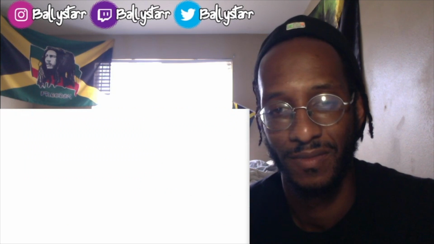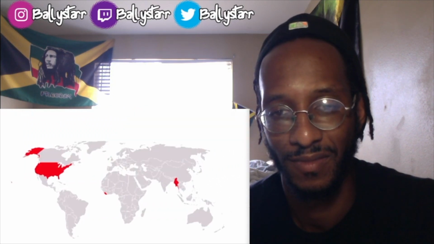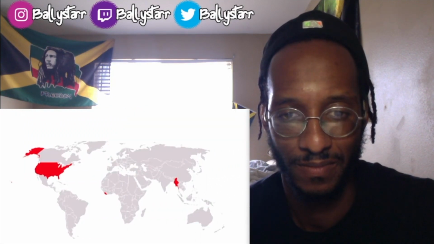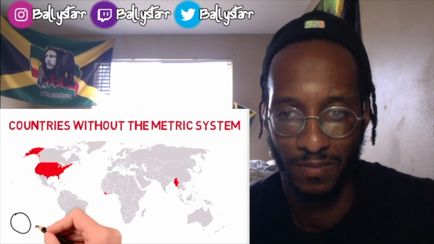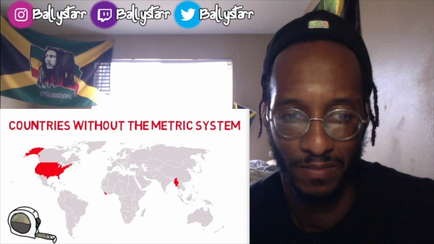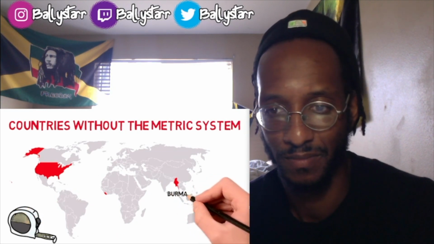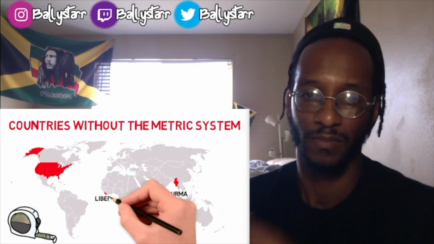As a fifth map, here are the countries in the world which officially don't use the metric system. Until recently, only 3 countries had not adopted the International System of Units, also known as the metric system: Burma, Liberia, and the US.